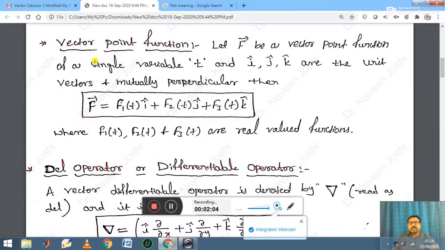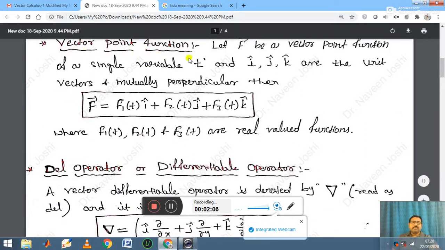Let's see what a vector point function is. The definition: let capital F bar be a vector point function of a single variable t, and i cap, j cap, k cap are unit vectors that are mutually perpendicular. Then F bar equals F1 of t into i cap plus F2 of t into j cap plus F3 of t into k cap, where F1 of t, F2 of t and F3 of t are real valued functions.